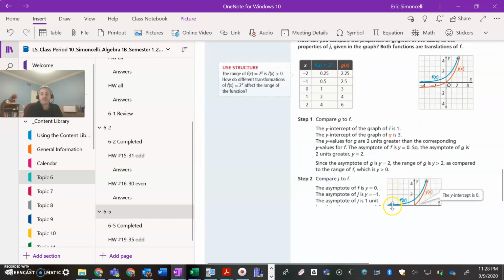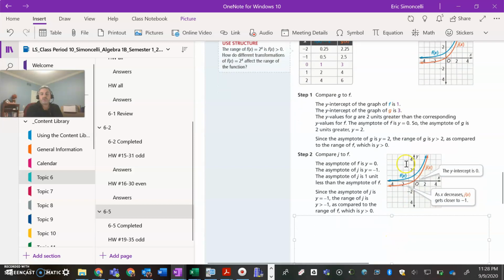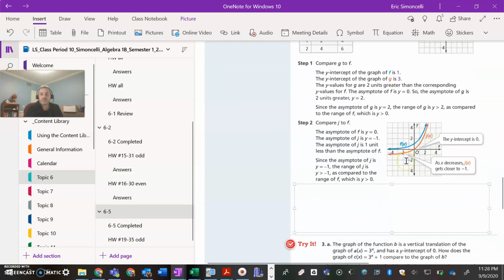Okay, as we continue, step 2, compare j to f. Now here is a really nice explanation as far as how the two compare. Certainly the asymptote of f, as we already discussed, is y equals 0. The asymptote of j is y equals negative 1, and you can see that based upon how the graph takes shape and progresses.